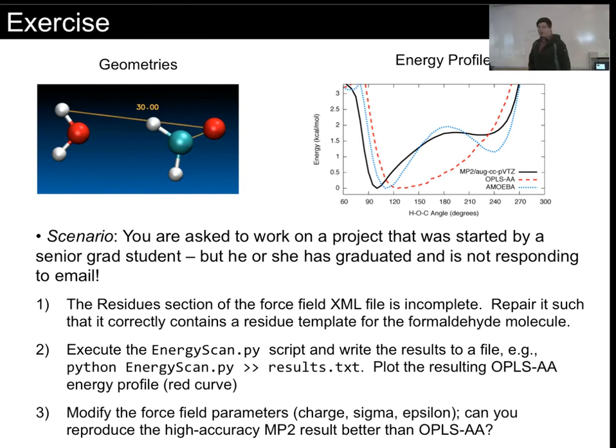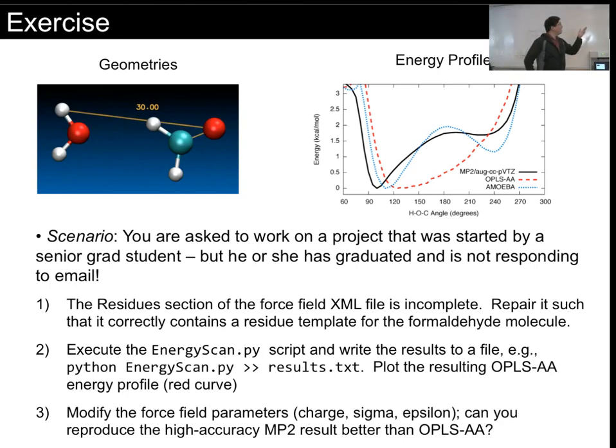So now I'm not sure how much time is left for the exercise, but the scenario I've created is that suppose you're continuing a research project that a senior grad student started, but they've now left the group and they left it incomplete. There's no documentation, so it's confusing, and they're not replying to your emails. Like, this happens a lot, right?